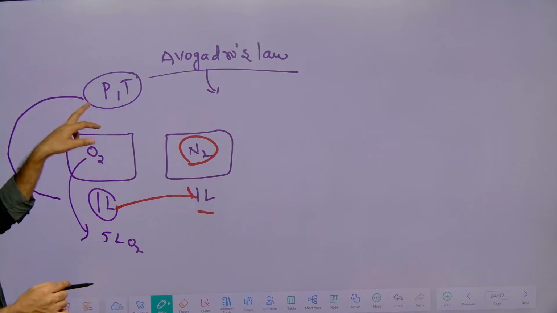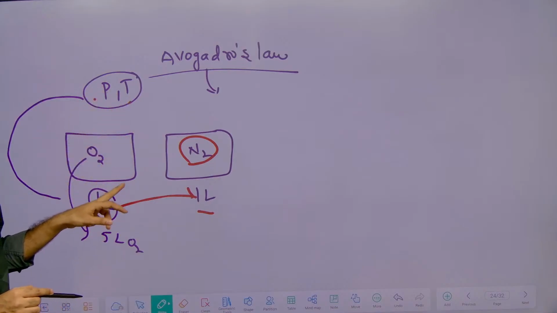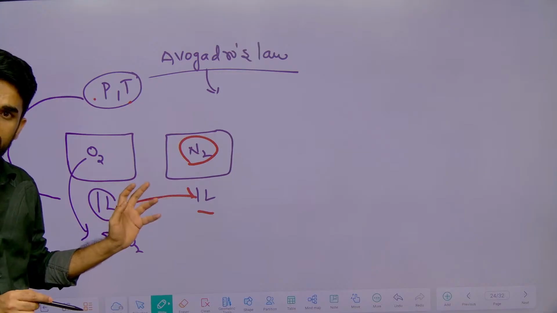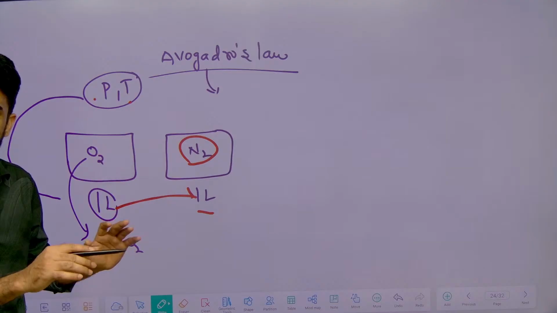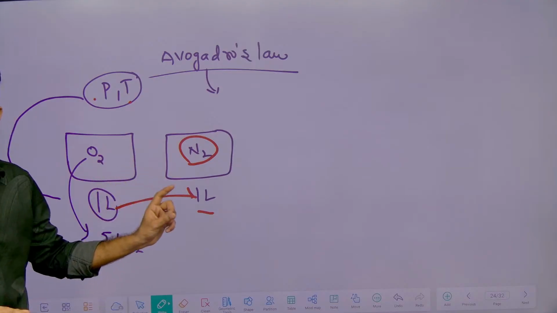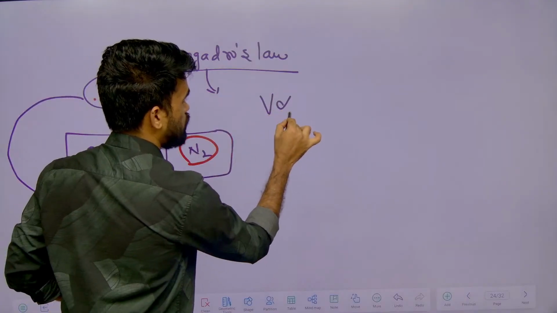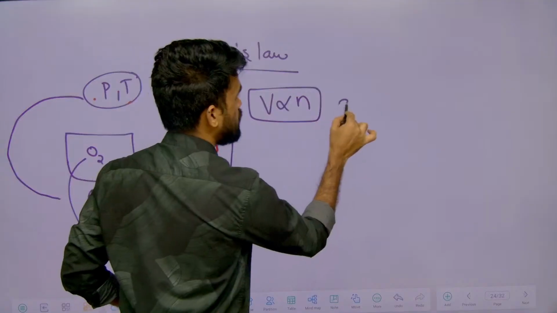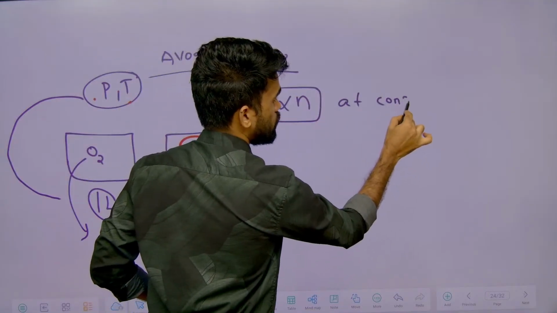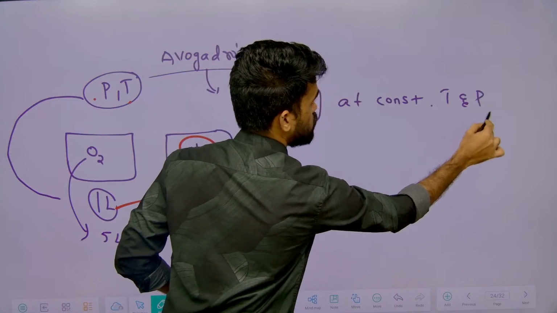Why? At constant temperature and pressure, equal volumes of different gases contain equal moles. Whether it is different gases or the same gas, no matter, they contain an equal number of molecules. So you can simply say volume is directly proportional to the number of moles or number of molecules at constant temperature and pressure.